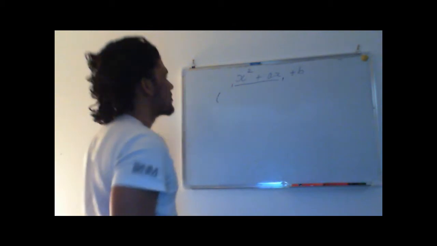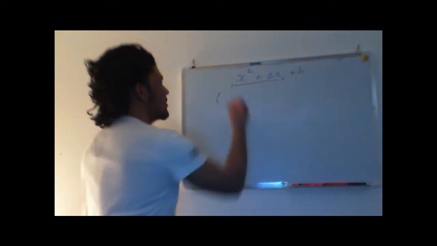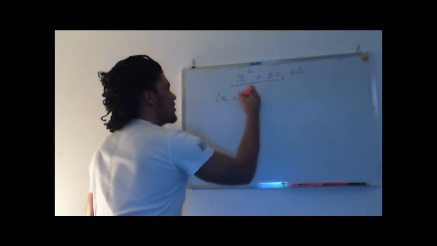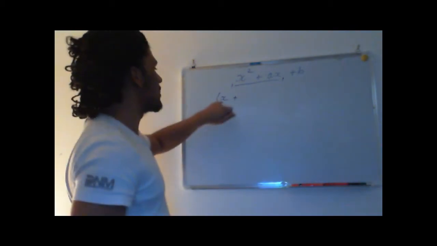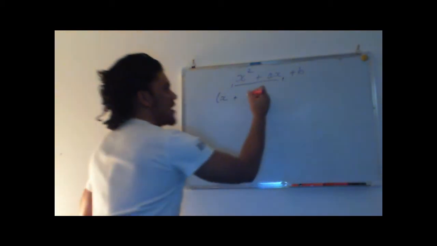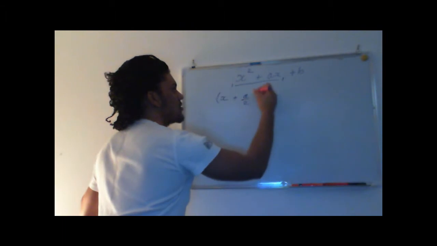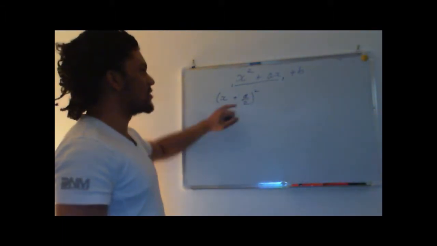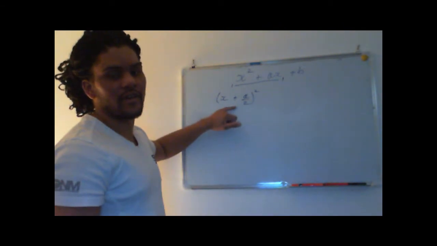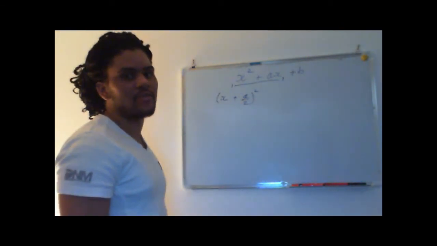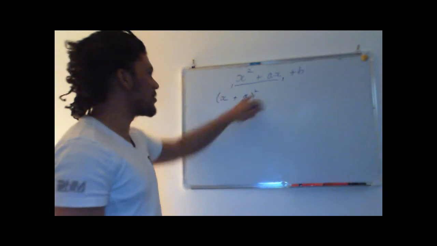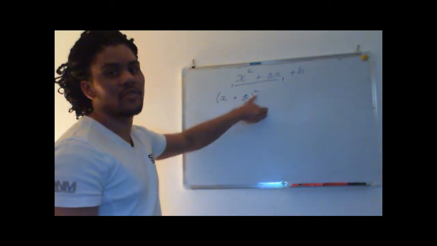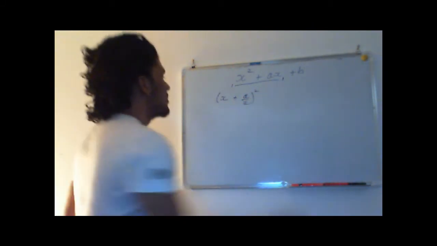So in the first place, we can consider multiplying x plus a over 2, squared. The simplest way of two numbers adding to a is a over 2 plus a over 2, which is really easy, and we're only multiplying it twice, so that makes sense.